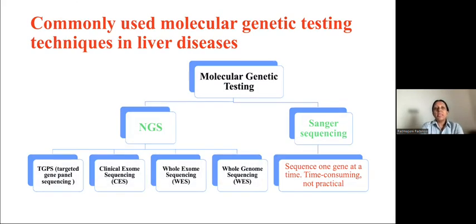So with whole exome, you take all the coding regions. If you take the human genome, about 3% of it is coding sequence. You take those genes together and do the sequencing in one go, and then you decide whether there are mutations or variants which can be compatible with the patient's clinical condition.